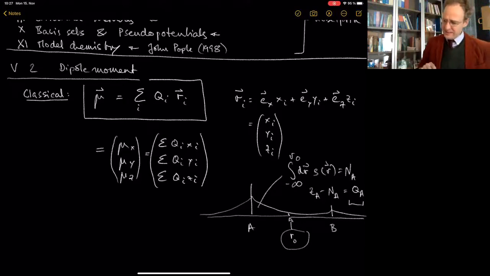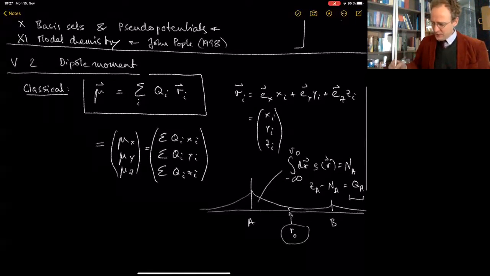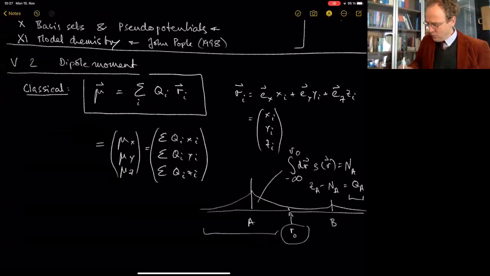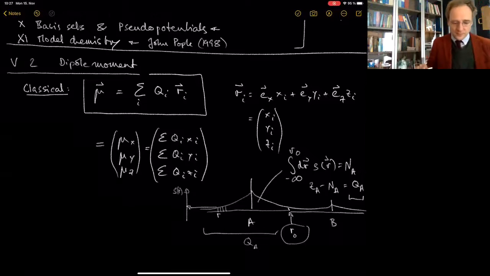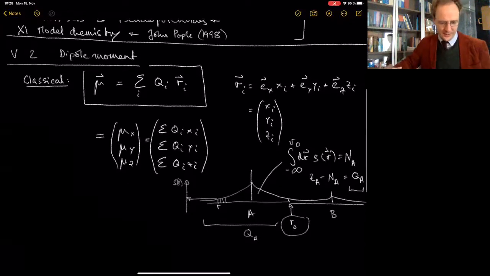Our charge is not this atomic Q_A, but rather the charge you have at every grid point, at every R. That is the electron density as a function of space, the electronic charge, but we have it everywhere in space.